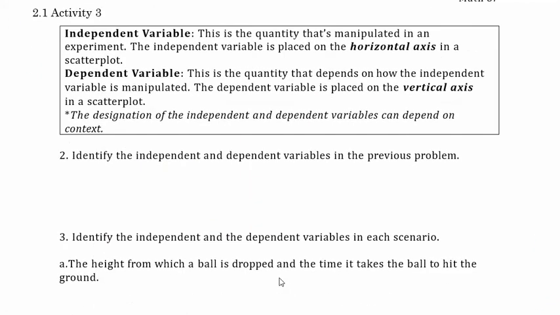All right, so let's go over here and write this down for that particular problem. So the independent variable is the distance the car is pulled back.